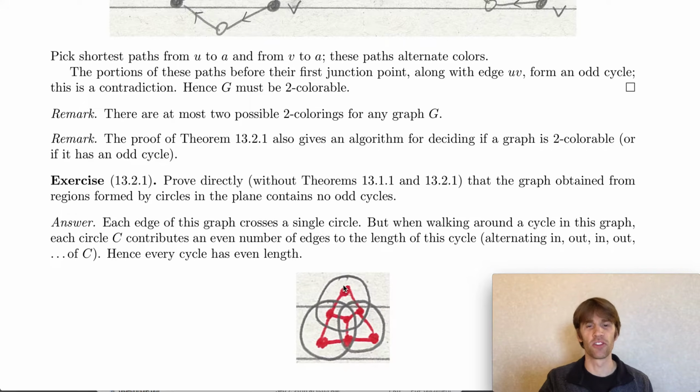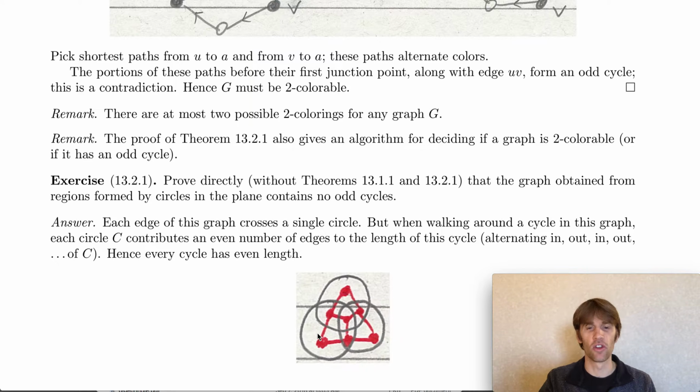The way I'm going to observe that is that you'll note each edge that I cross corresponds to crossing the boundary of a circle. So this edge that I cross corresponds to crossing the boundary of the bottom left circle. This edge that I cross corresponds to crossing the boundary of the top circle, etc. Every edge that I cross is when I cross a circle.